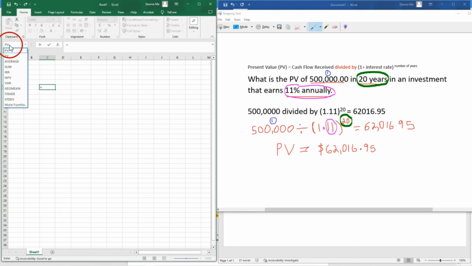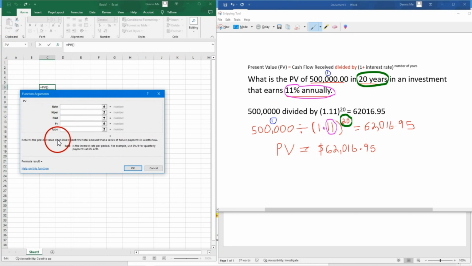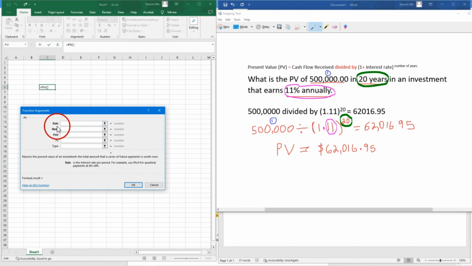You select present value, and it opens the box for you to use. All you have to do in Excel is enter the rate. We said in this case the annual rate of return is 11%, right?